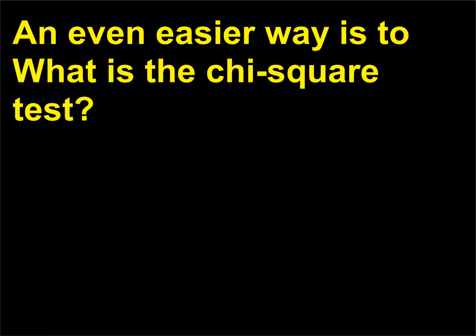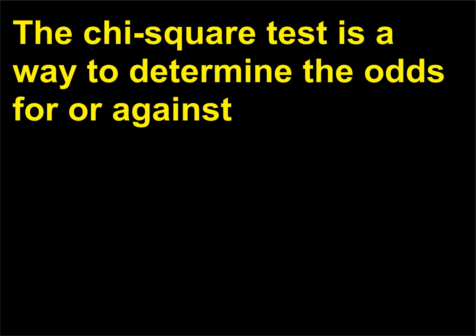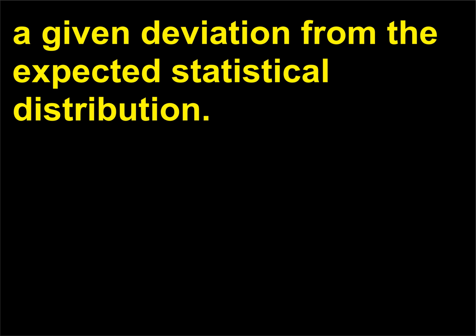What is the chi-square test? The chi-square test is a way to determine the odds for or against a given deviation from the expected statistical distribution.